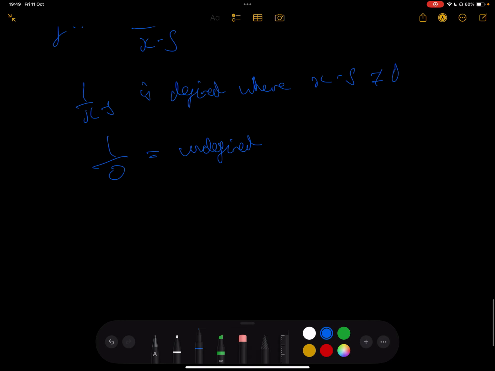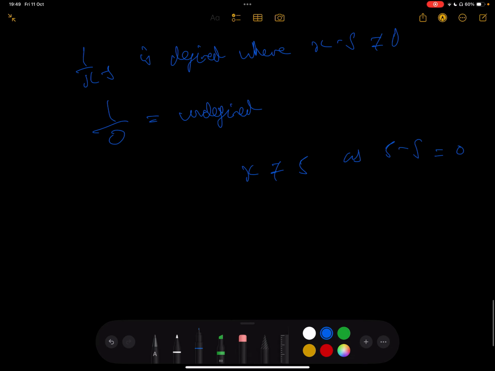Therefore x cannot equal 5, as 5 minus 5 is equal to 0. So how would this be written? We can just write the domain as x cannot equal 5. You come to notice that finding the domain is just looking at where the function is defined and where it is not defined.